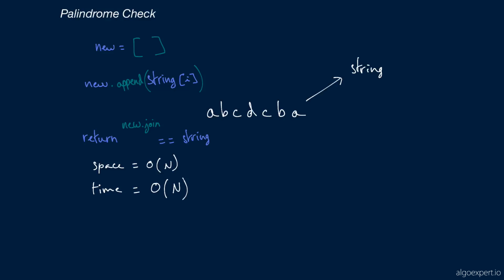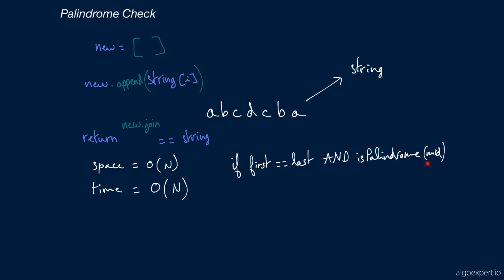And otherwise, we can say, if the first letter, I'll just write first, is equal to the last letter and we call our is palindrome function on the middle, I'll just call this mid, the string in the middle.